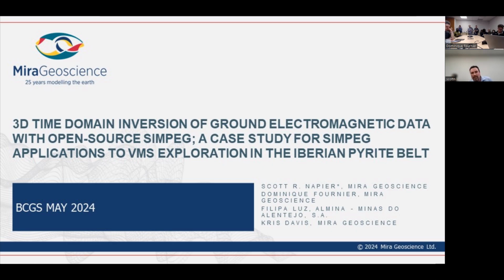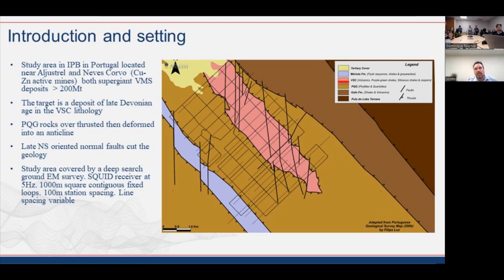Thank you. So I'm going to be talking about 3D time domain inversion with open source SimPEG. This is really a case study for the applications of this for VMS exploration in the Iberian Pyrite Belt. So, okay, this is the introduction and setting.